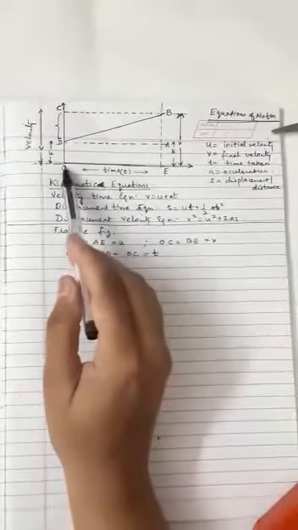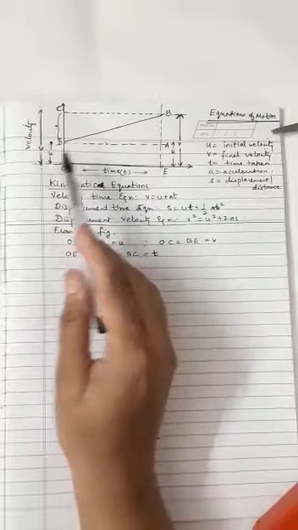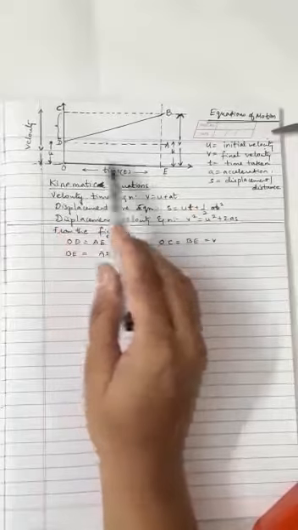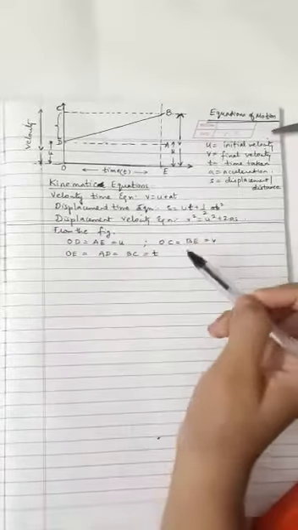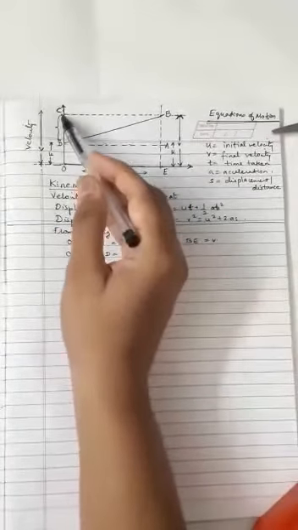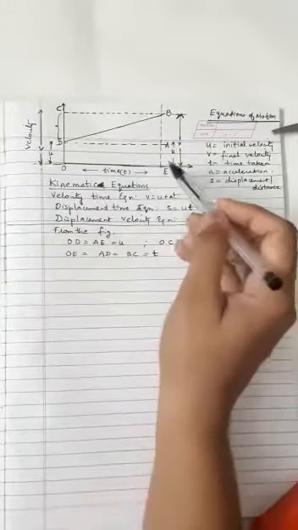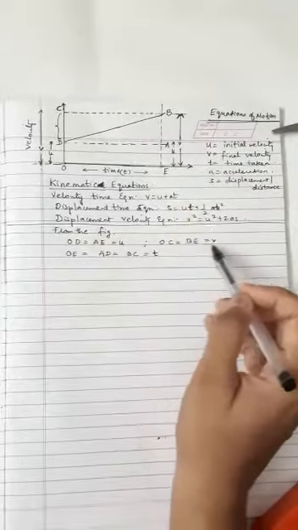Now you can see children, if OD is marked as u, I can mark AE also as u because they are opposite sides of a rectangle. If I take OC as v, here OC is marked as v, so the opposite side BE will also be v.